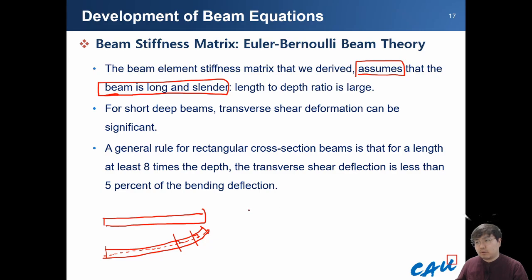But let's assume a very short and very thick solid structure, which, due to some forces, will deform like this. But at this time, all the cross-section areas are no longer perpendicular. I think you already know the Poisson effect.